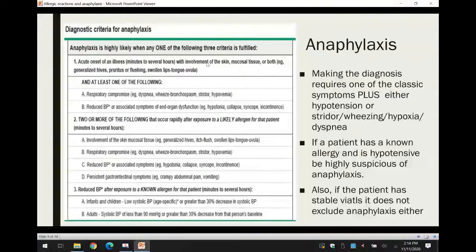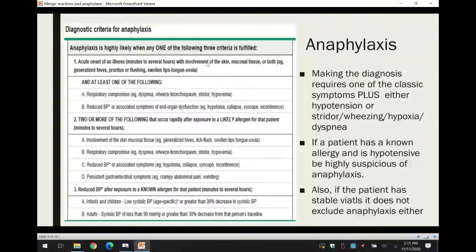And anytime you have somebody that is hypotensive with a known history of anaphylaxis and a possible exposure to that known allergen, you should go ahead and treat them as if they are having an anaphylactic reaction and give them epi.